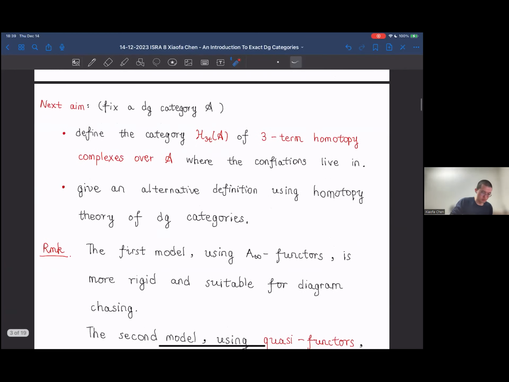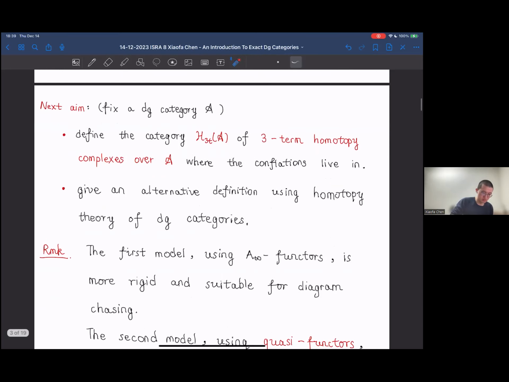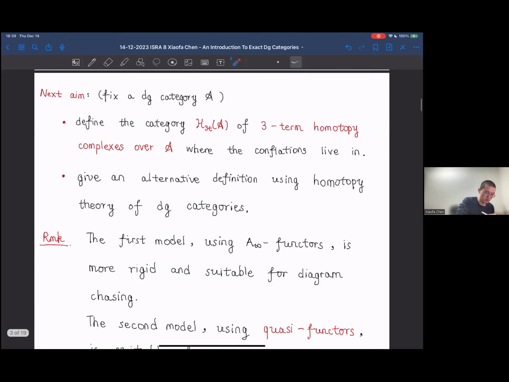So a quick remark is that the first model, the category of three-term homotopy complexes over A, uses A-infinity functors. It is more rigid to work with this category, and it is suitable for diagram chasing when we want to prove some diagram lemma with dg categories.